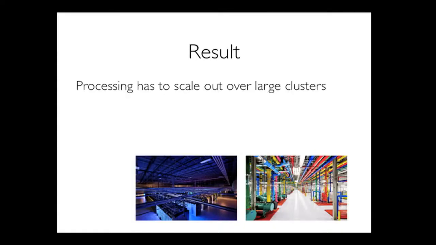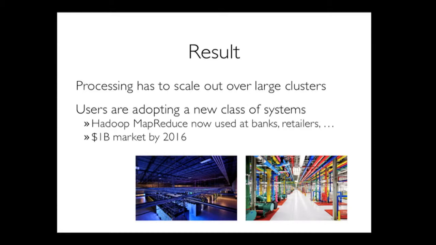And these are some pictures here from a Google data center. And with these large clusters, users are also adopting a new class of systems to actually do data processing. So for example, MapReduce, which is Google's programming model for its data centers that they wrote about in 2004, is now used at a number of companies that have nothing to do with the web or web search.